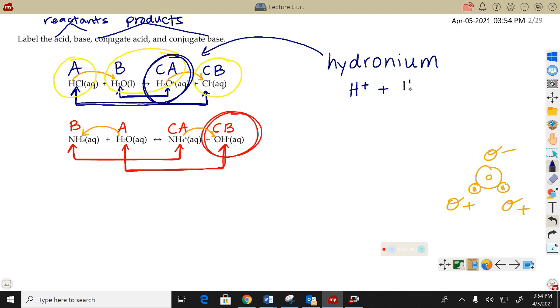But sometimes that hydrogen really does attach itself to a water molecule, just because that oxygen region is pretty negative. So if you either see just a hydrogen ion on the product side, or maybe you'll see that H3O plus 1, either would be the sign of an acidic solution.